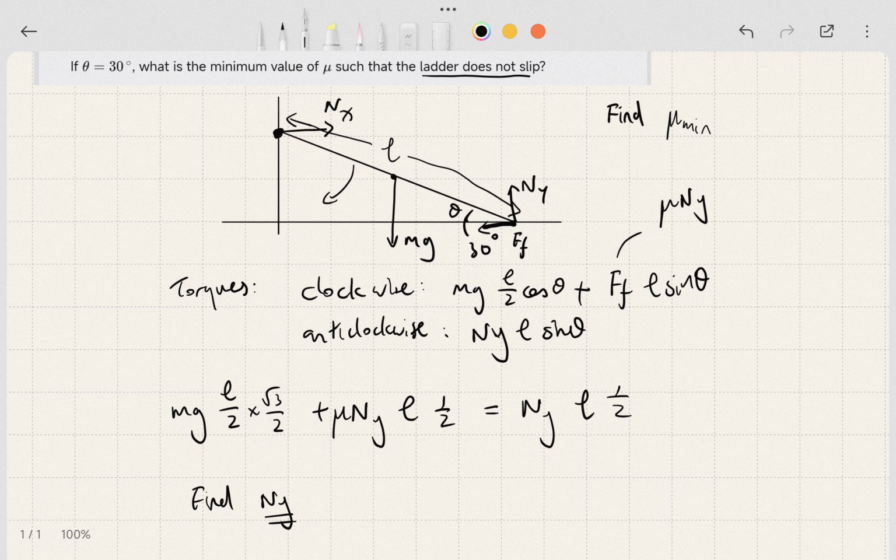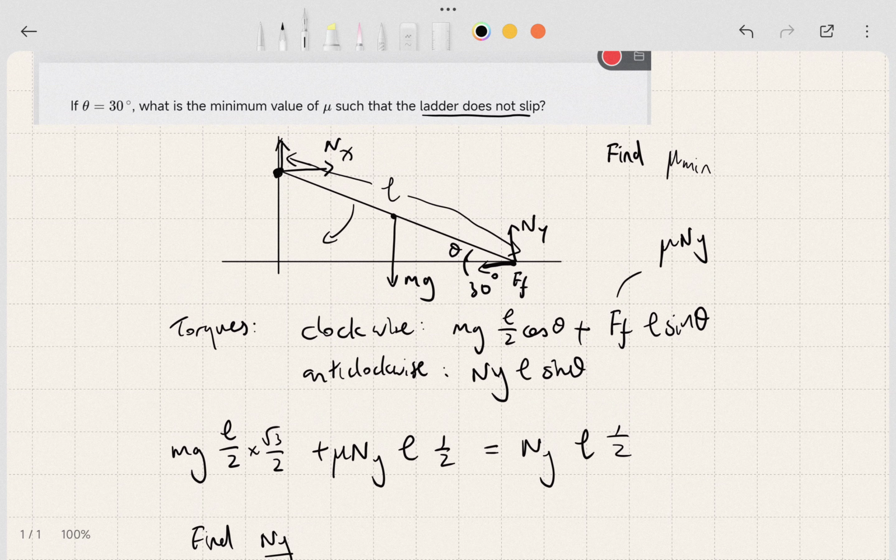Oh yeah, there's also a frictional force, I think, pulling it up in that direction. So we don't know what Ny is in this situation, but we do know, okay.